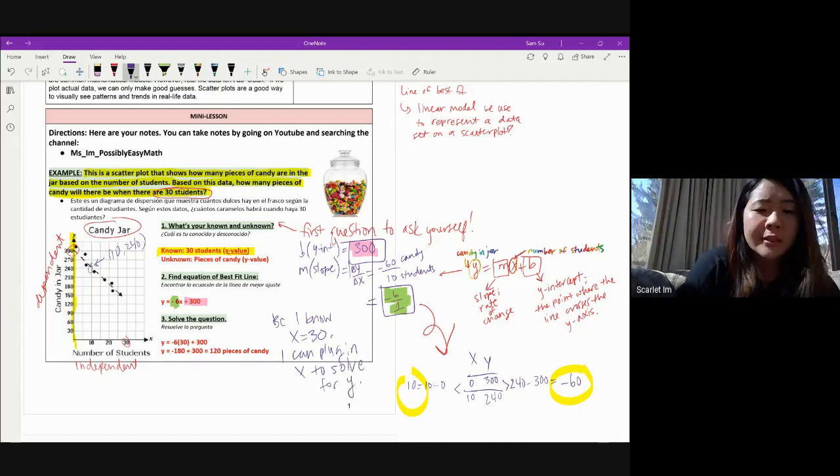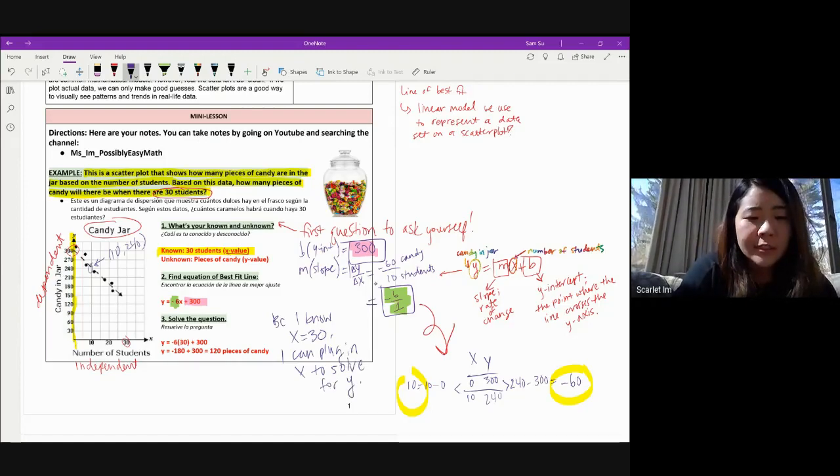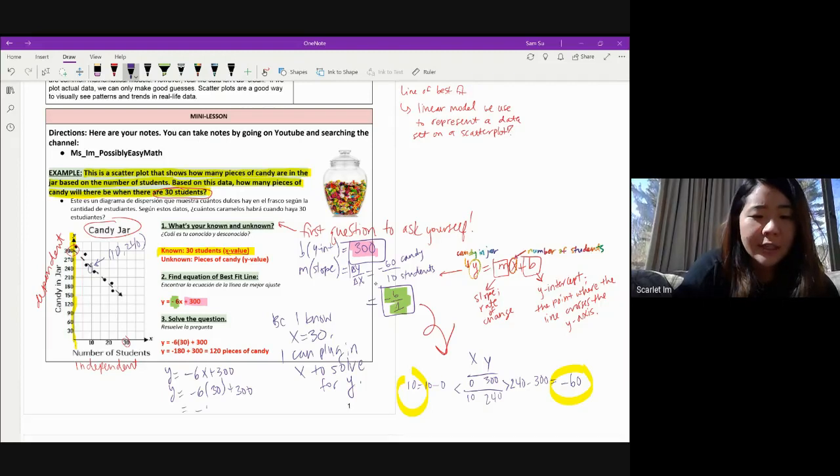And that's basically what I did here. So if our equation is y equals negative 6x plus 300, I plug 30 into the equation. And if I solve that out, it's negative 180 plus 300. And that's how I got my answer, 120 pieces of candy.